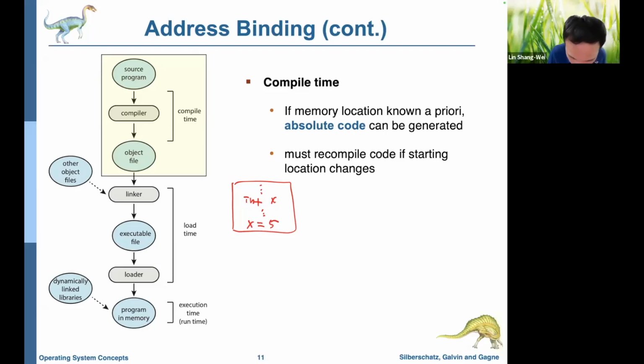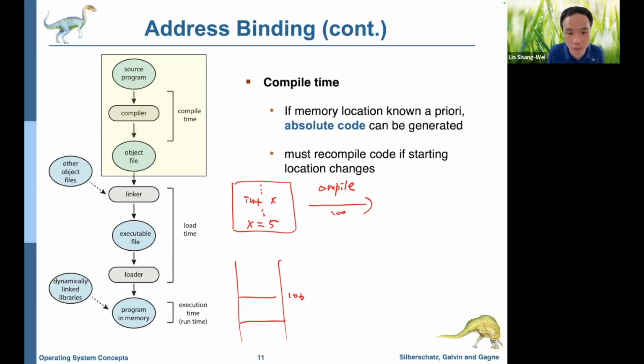Then you do the compilation, but you already know where you are going to put this executable file in the memory. For example, here this address is 100. So you need to tell the compiler, my program wants to start from 100. You need to let the compiler know this information.